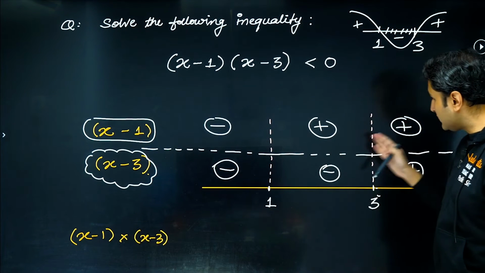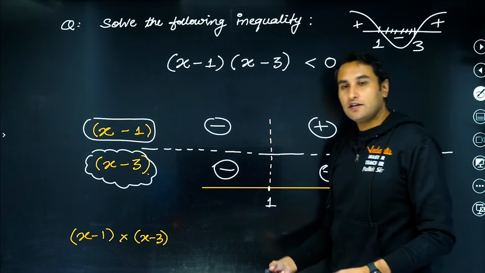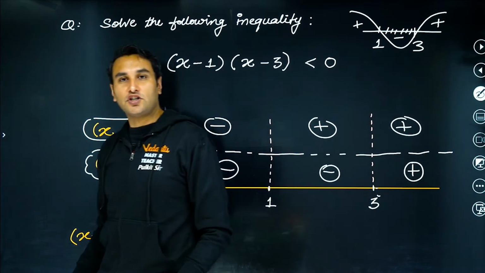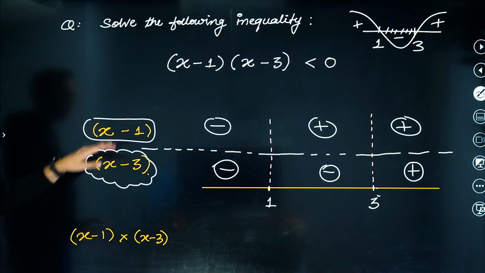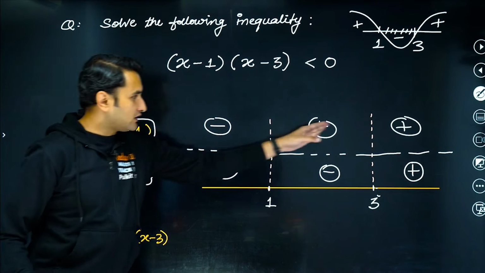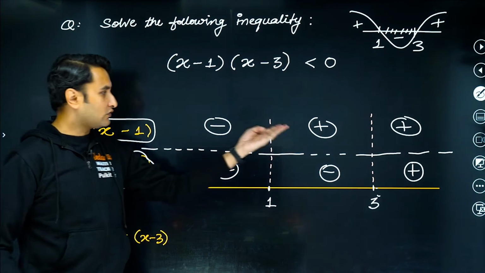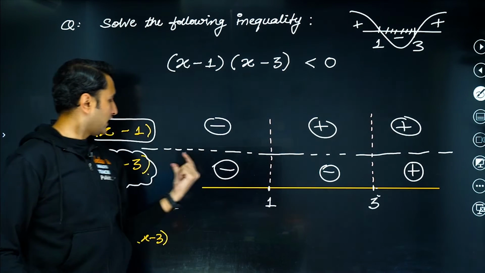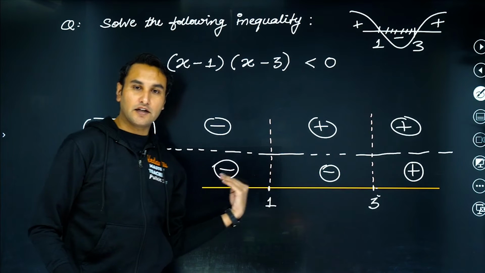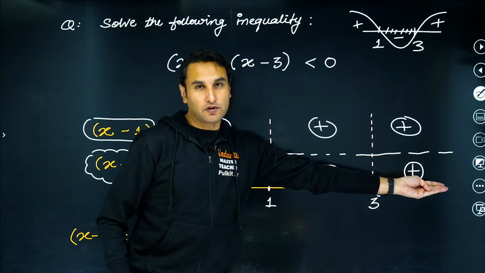Do you realize I have got these three zones now where both these factors are changing their sign. X minus 1 is negative behind 1, positive towards the right; x minus 3 is negative behind 3, positive towards the right of 3.